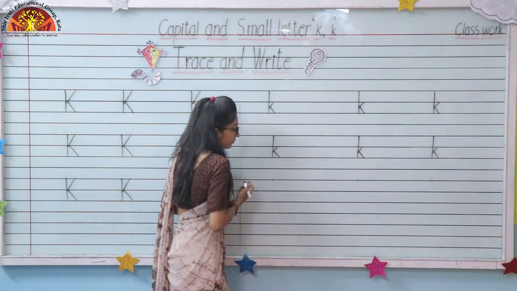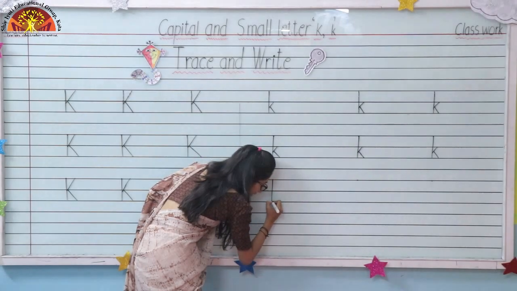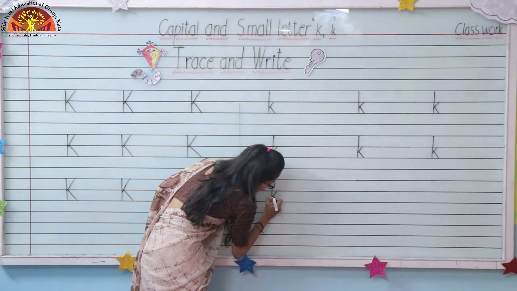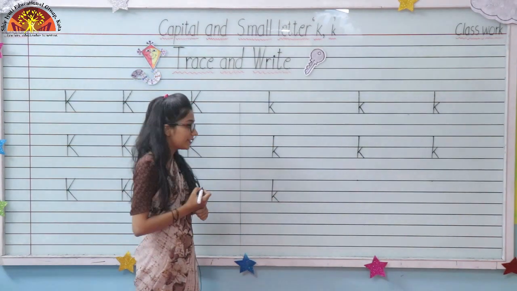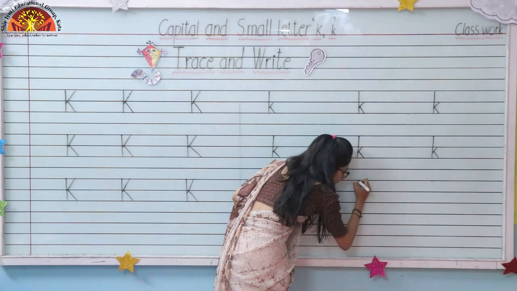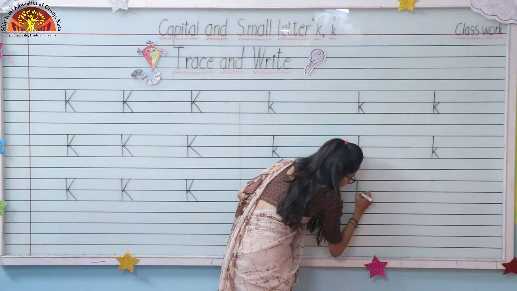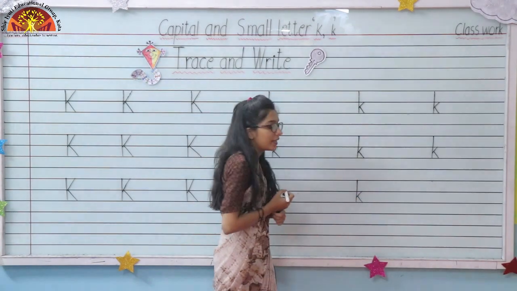Okay kids? Let's draw again. Standing line. Slanting line. One more slanting line like this. Again kids, look here and do with me. Standing line. Slanting line. One more slanting line.